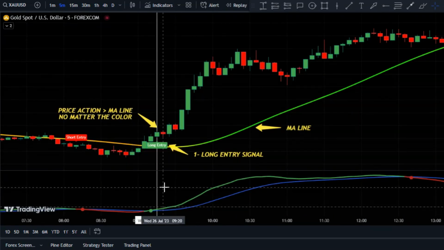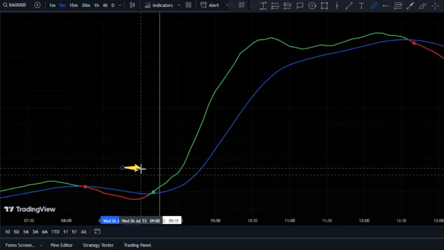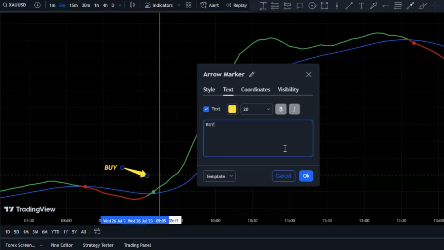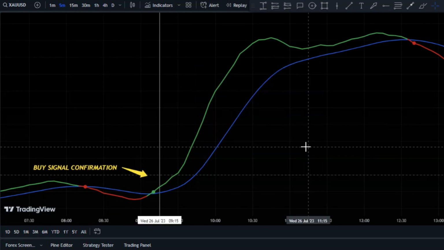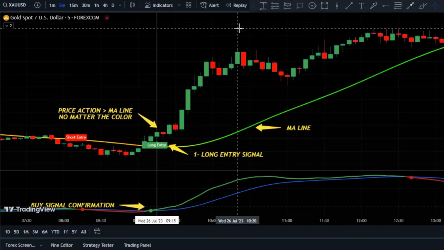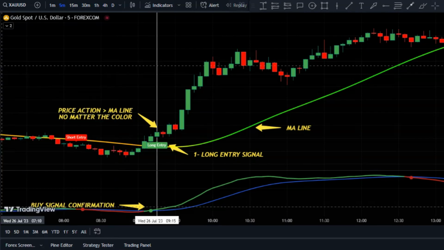Then, check the CM-MACD indicator to confirm the signal. The blue line needs to be below the red line. So if all those conditions check out, you have a potential buy opportunity.